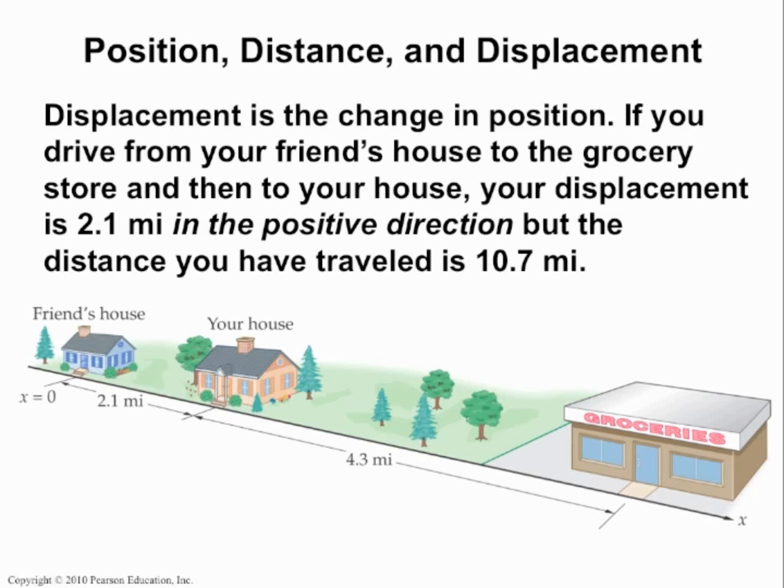You know your distance is 8.6 miles. Started at your house, went to the grocery store, and came back. So my question to you is, what is your displacement? Think about that for a second. Come up with your answer. You should have thought of this. Your displacement is zero. Zero. Because you ended up exactly where you started. And so your displacement is zero, even though your distance is 8.6 miles.